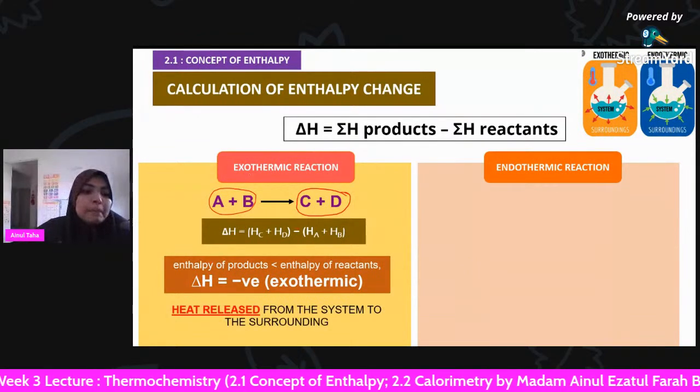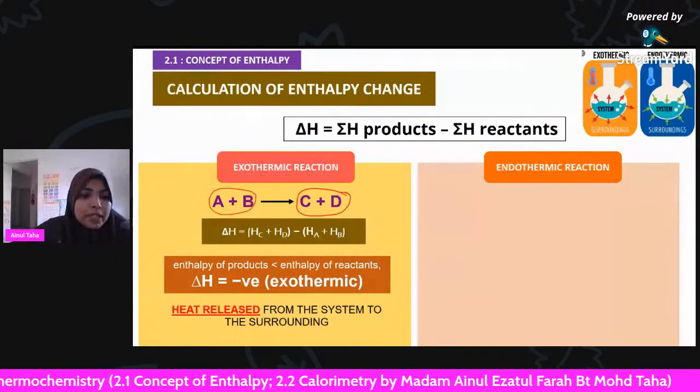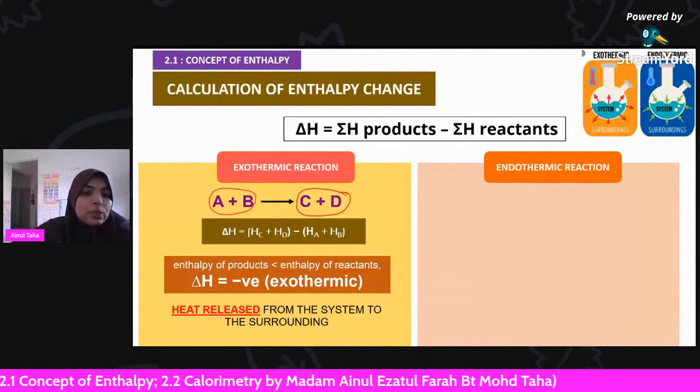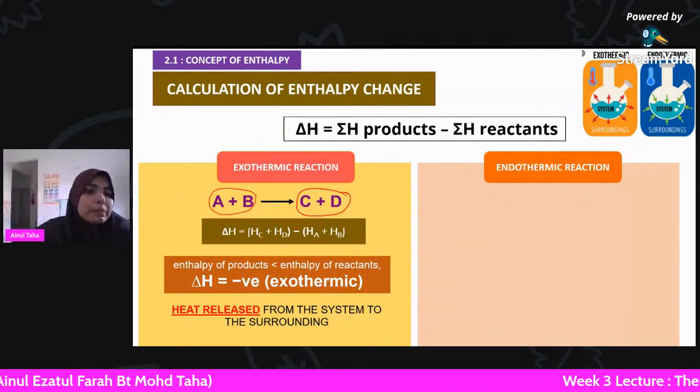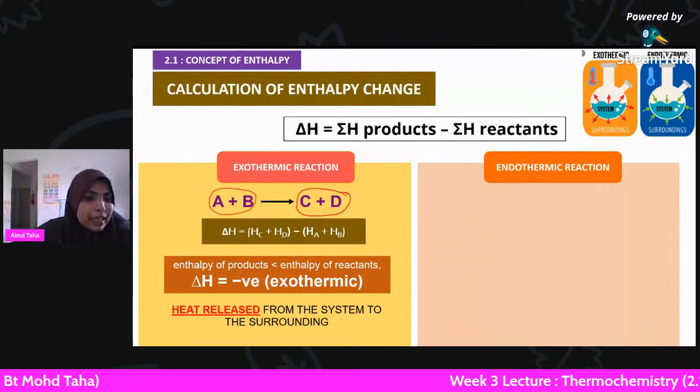The heat is released from the system to the surroundings, which is what happens in exothermic. That's why the enthalpy of the product is less than the enthalpy of the reactant.